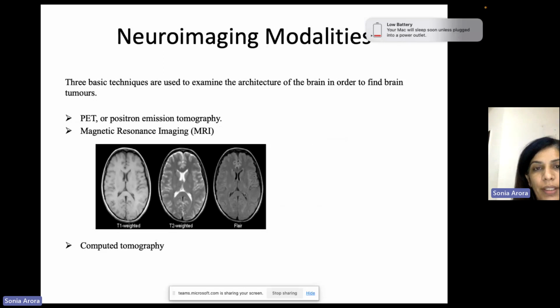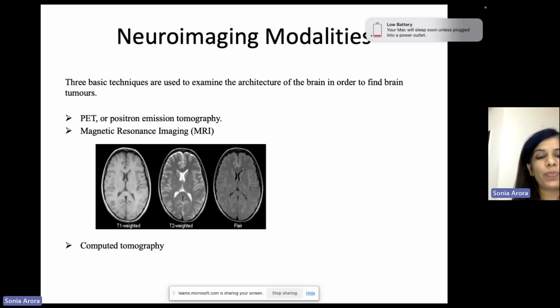The metabolic characteristics of a brain tumor, including blood flow and metabolism of glucose and amino acids, are investigated using the PET scan. There are some drawbacks. The radioactive tracers used in PET scans can harm the human body or cause allergic reactions.